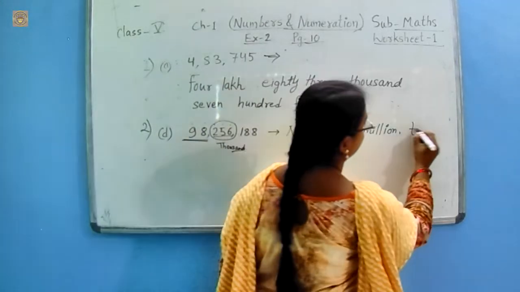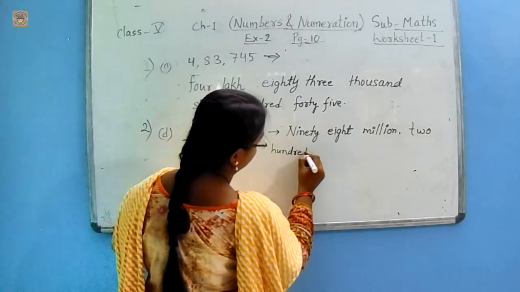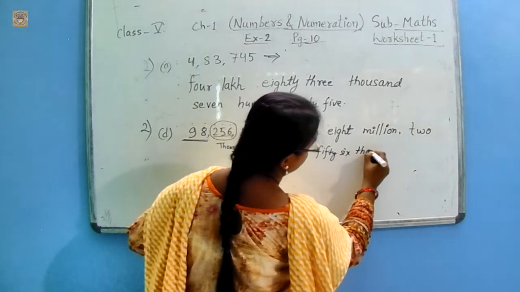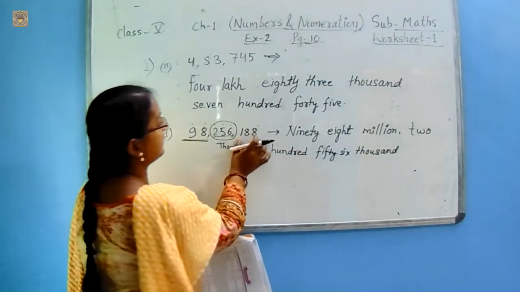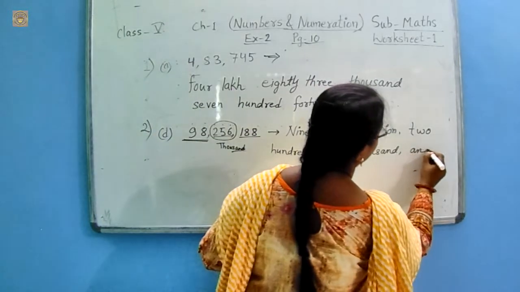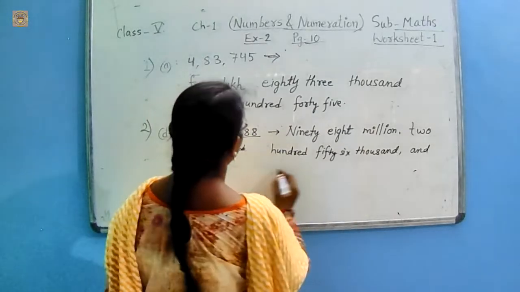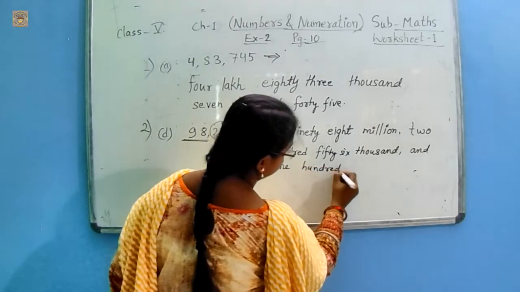256,000, and the last one is 188. You may write 'and' or not as you wish.